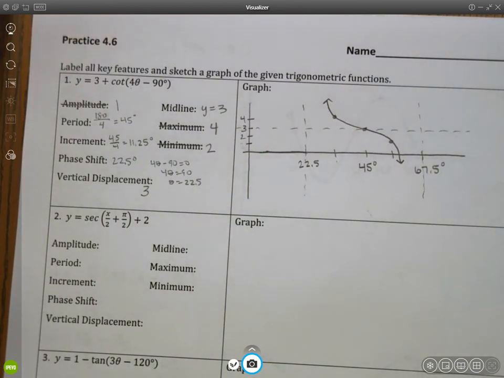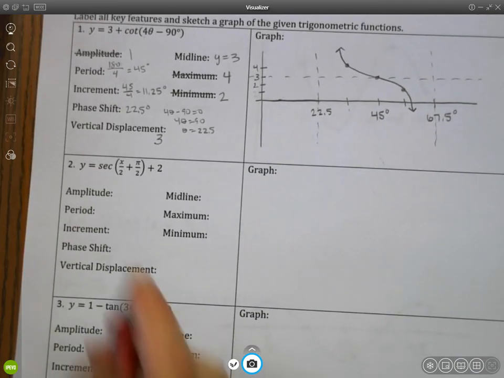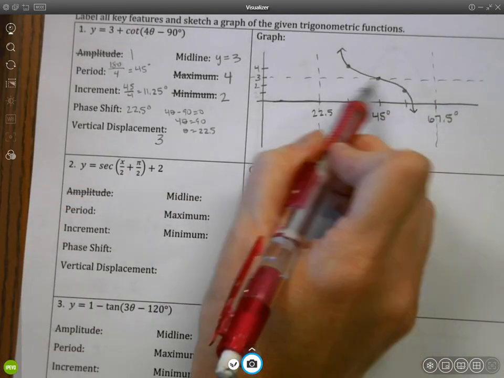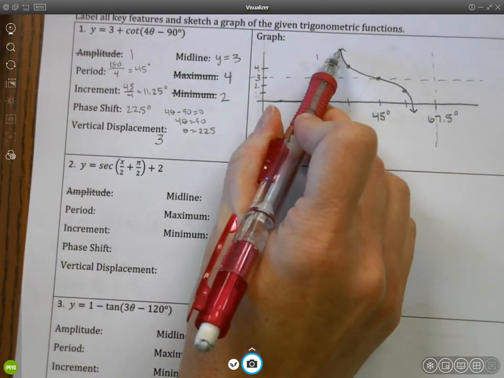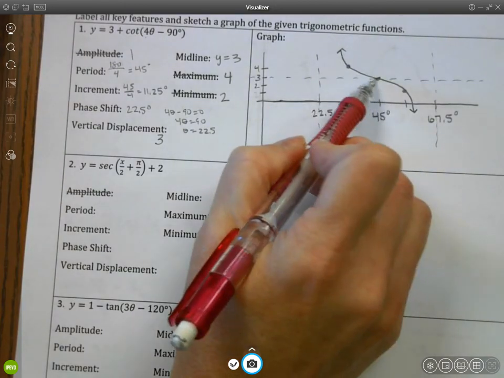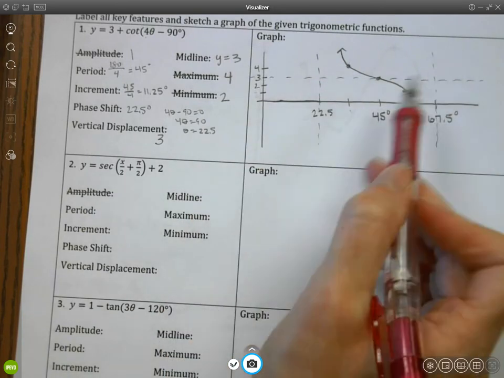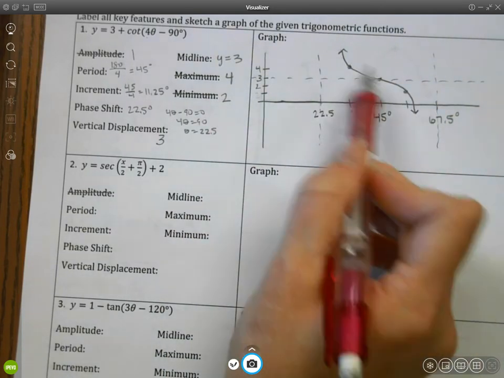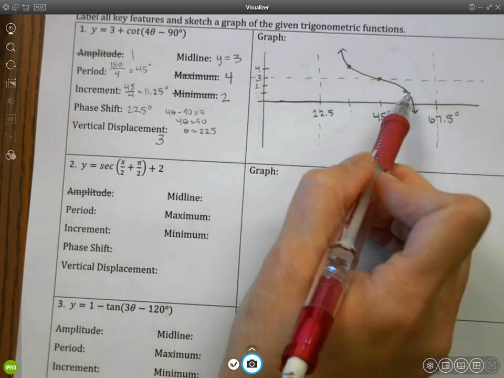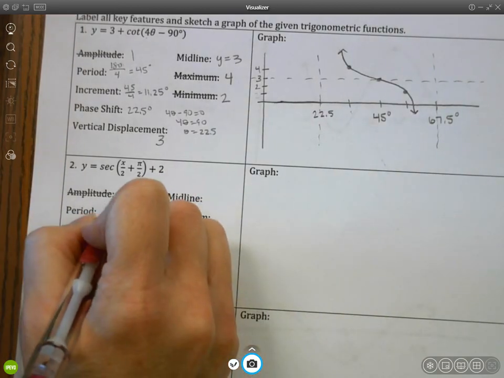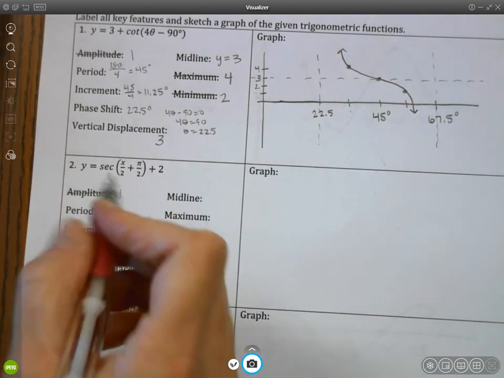Alright, so secant. Again, there's not really an amplitude. Amplitude is from the middle to the high point. Well, there is no high point, but we did keep it just 1 away for those points. And then there's no max or min because they go on forever. But the points that we put on our graph is what we're really talking about. So amplitude would be 1, so not really.